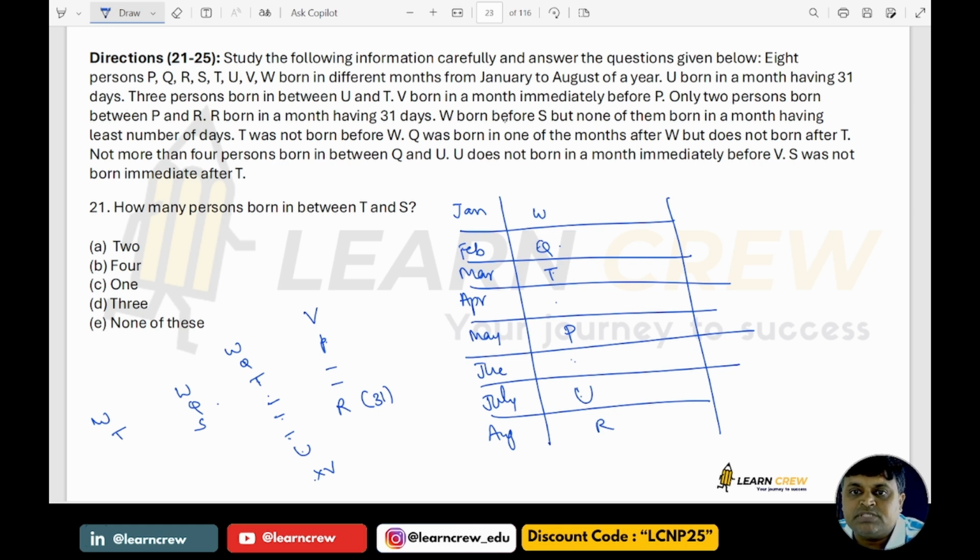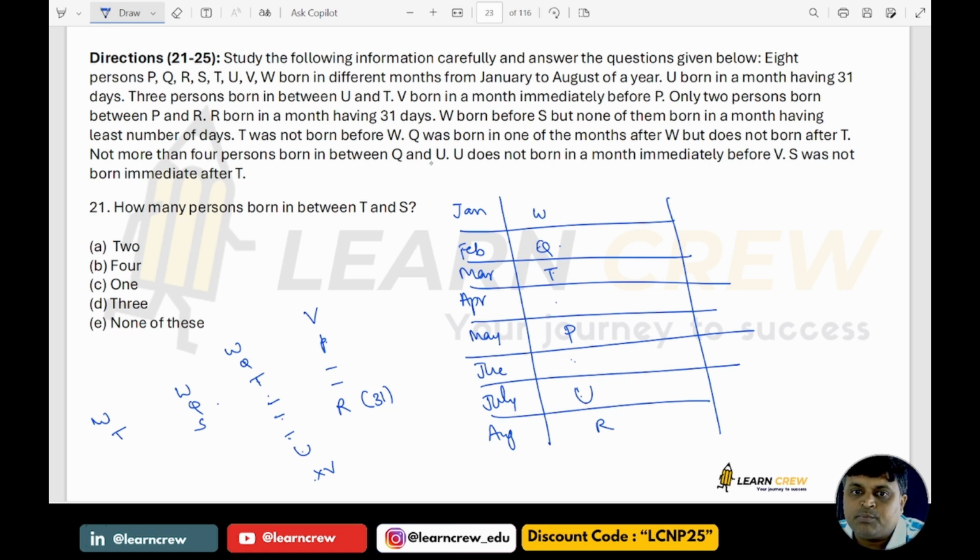And W was born before S, but none of them was born in a month having the least number of days. So now where is S? These two are there now. Now please see, T was not born before W, it's already used. Q was born in one of the months after W, but it's also already used.